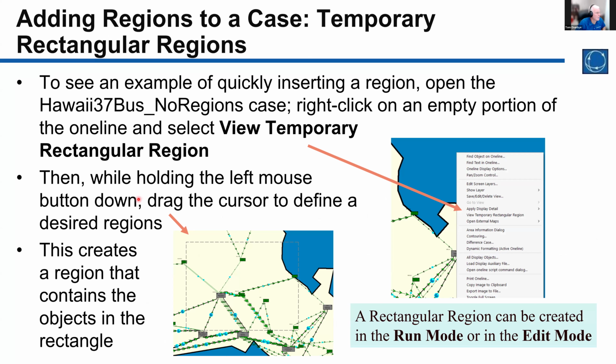A simple way to get started with regions is if you have a one-line diagram, and I will close that up here.